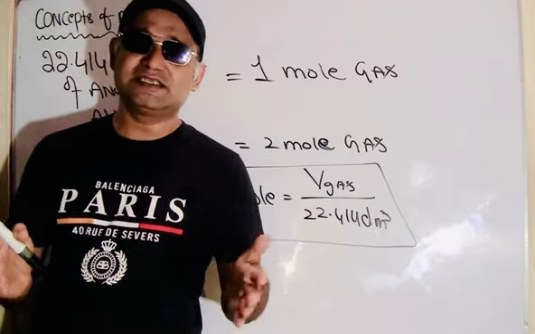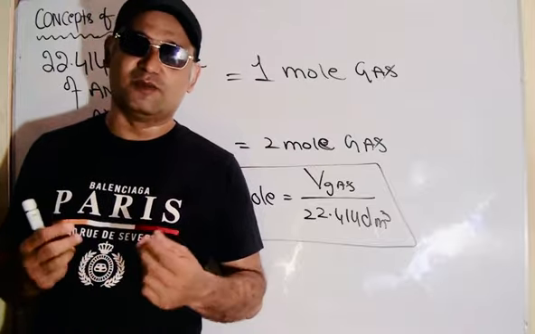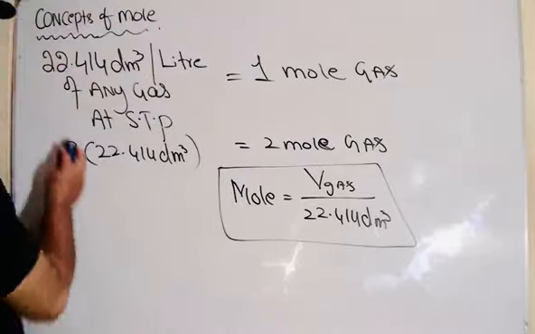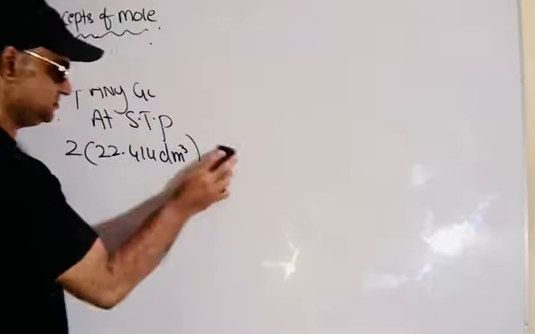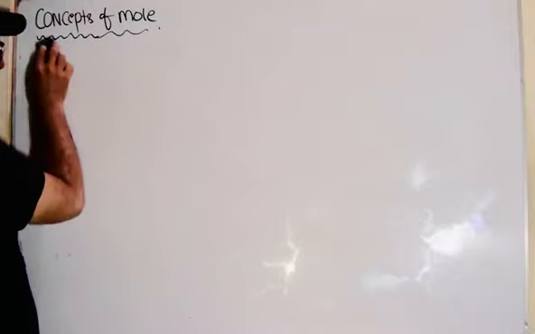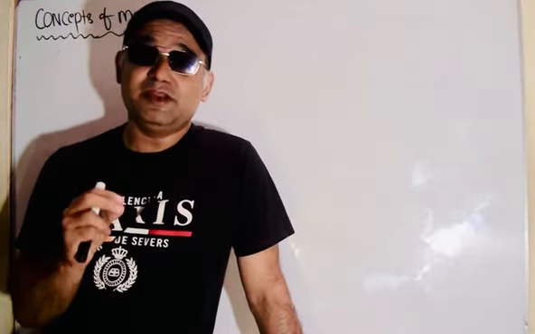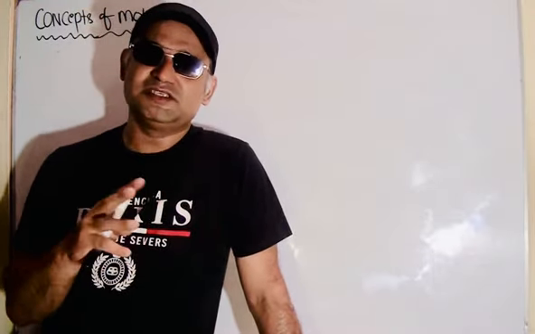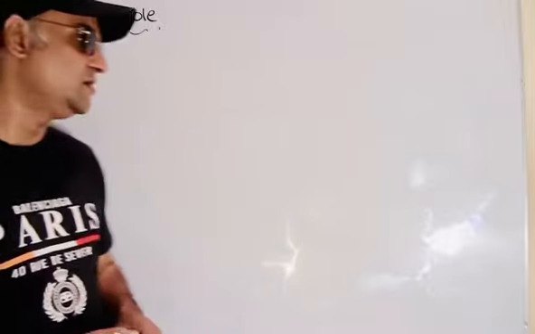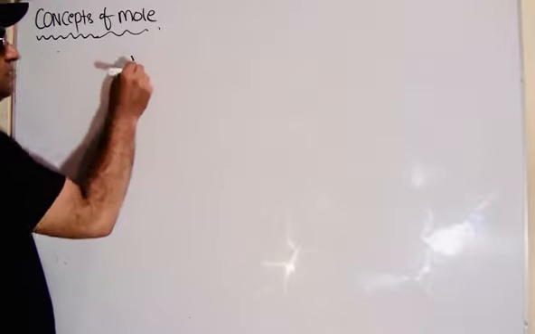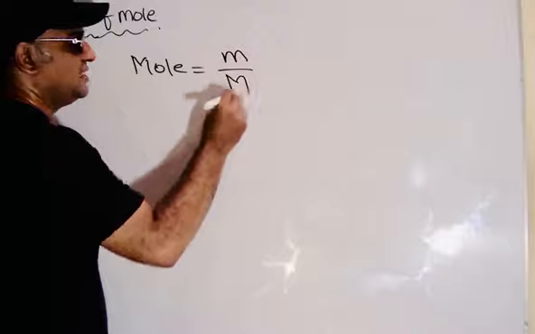Now we will discuss all these three concepts as one formula. In this lecture, you just keep in your mind these three formulas, which are the conclusion of this lecture. And what are these three formulas? Number one is mole is equal to given mass over molar mass.